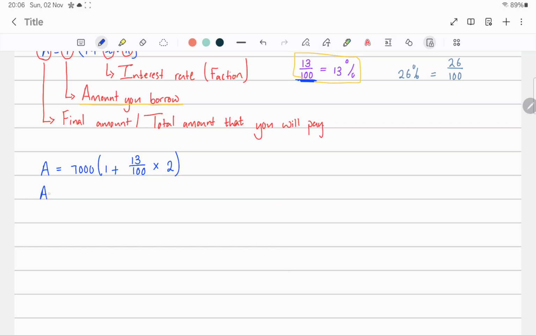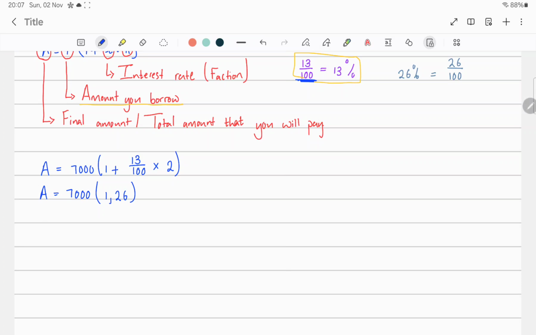And then if you put this in a calculator, in the bracket you should get 13 over 100 times 2, which gives 26 over 100, and then 1 plus 26 over 100 gives 1.26. So now when we put 7,000 times 1.26 in our calculator, we should get 8,000 something rands.